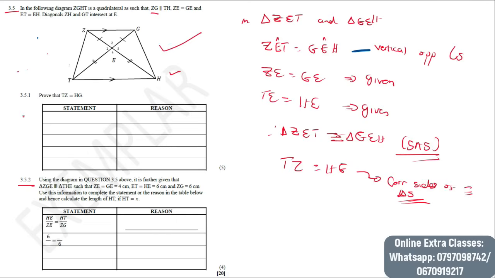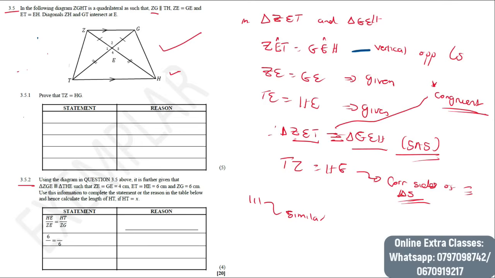It is further given that triangle ZGE... okay guys, so the three lines here, this is not similar, it is congruent, right? And then the three lines, this one then means similar. So here we're supposed to say it is congruent. So we can see that therefore ZET is congruent to angle GET.